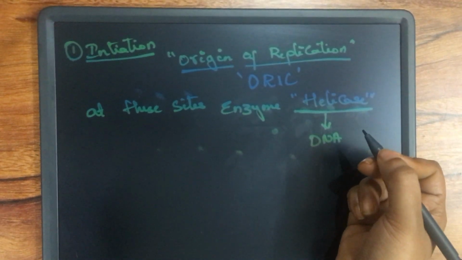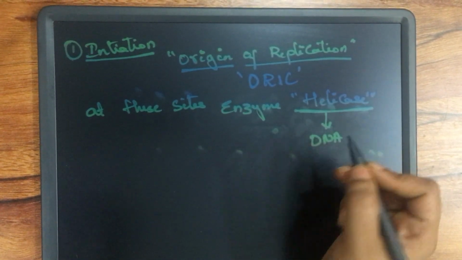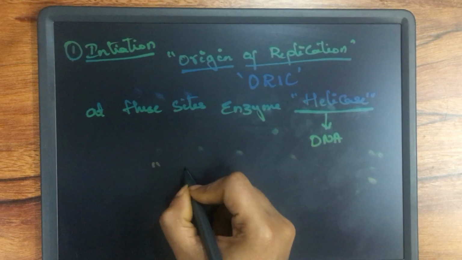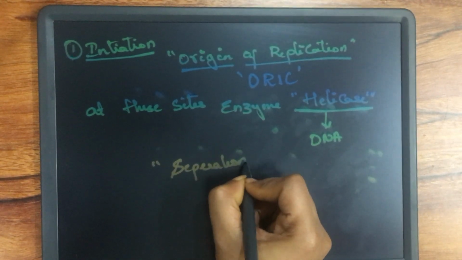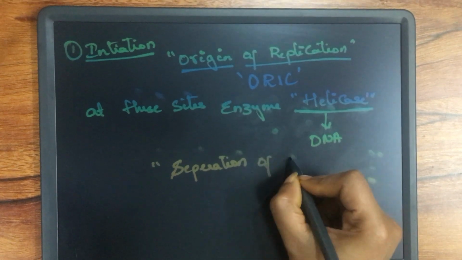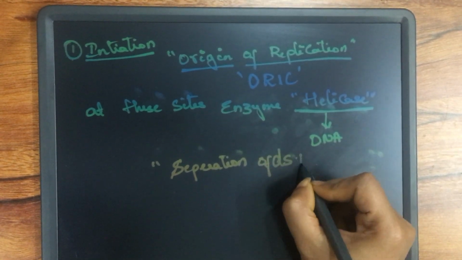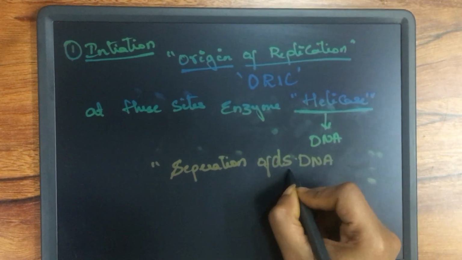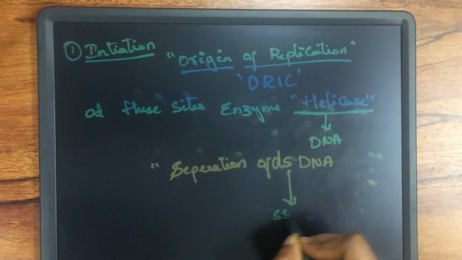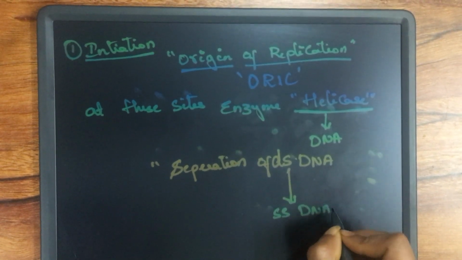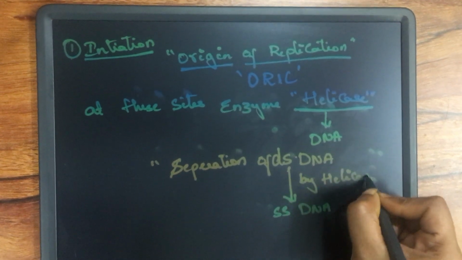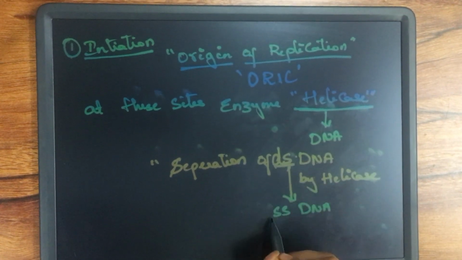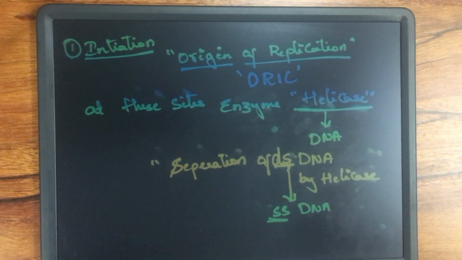This enzyme helps in the separation of double-stranded DNA into single-stranded DNA. By which enzyme? By enzyme helicase. It separates the double-stranded DNA into single-stranded DNA.